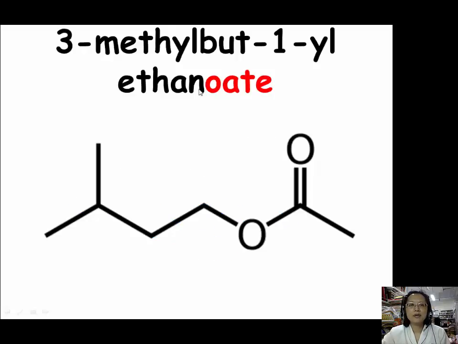Let's see our example. For oate, our example is 3-methylbutyl ethanoate. What is this? The common name is isoamyl acetate or isopentyl acetate.